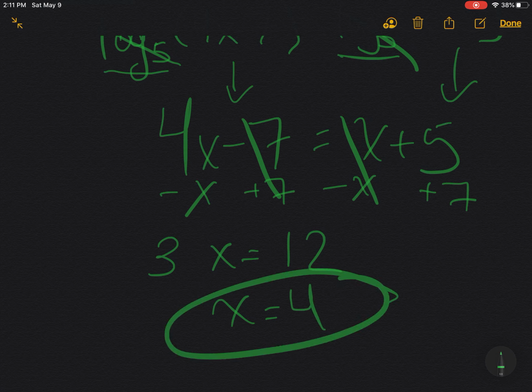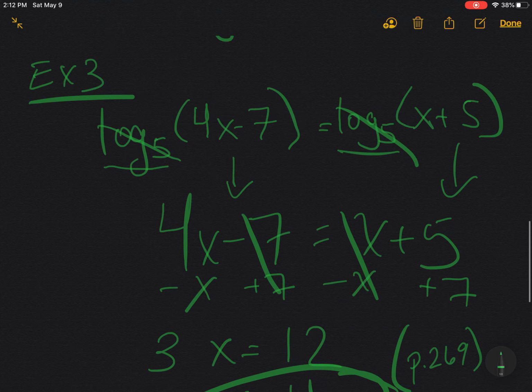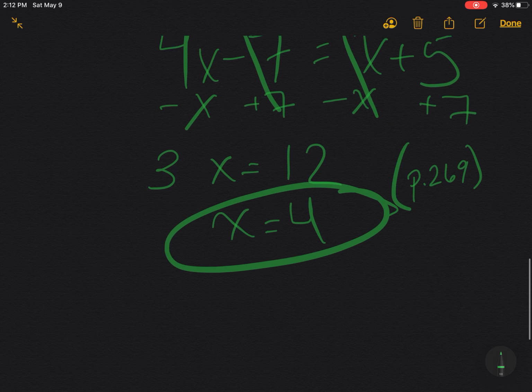Okay? And again, plug it into the original equation, and you'll see that it does make both sides equal. And the book shows you that too. This example is from page 269, just in case you're curious. Okay, and again, that is when you have equal logs on both sides, you can do that.